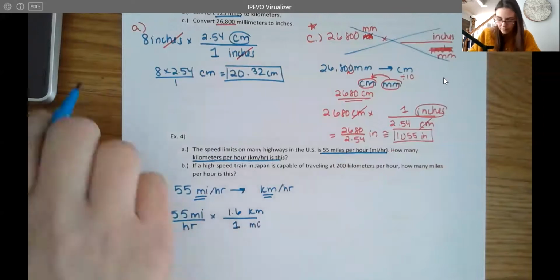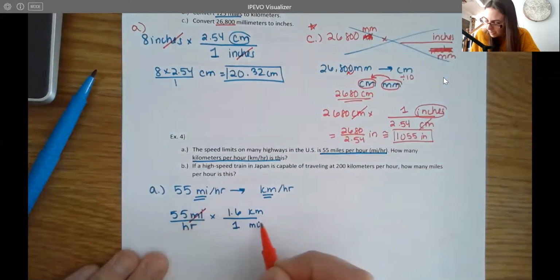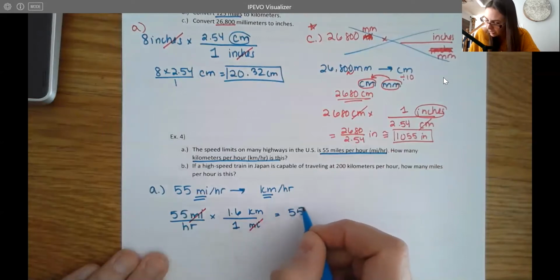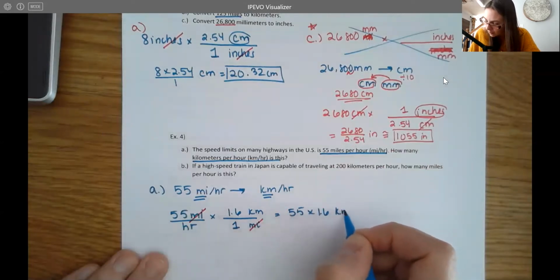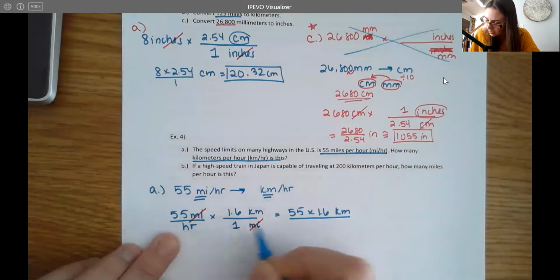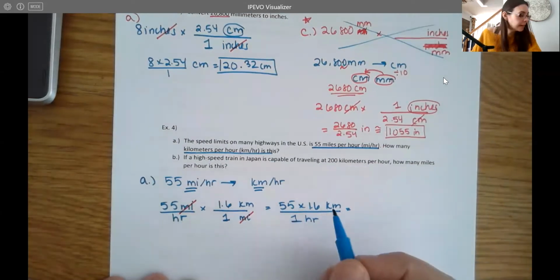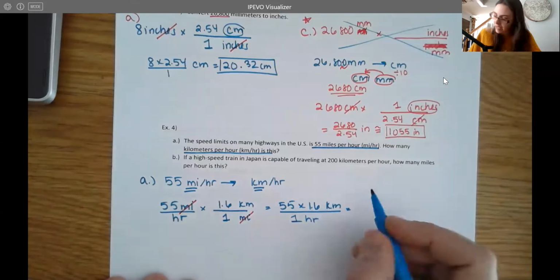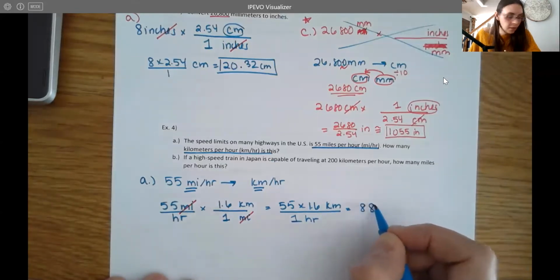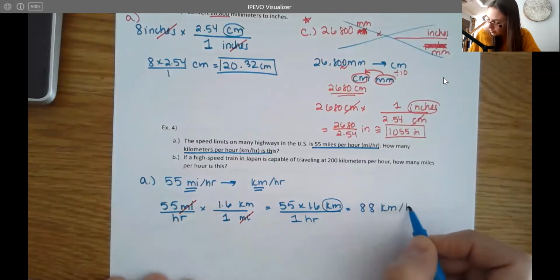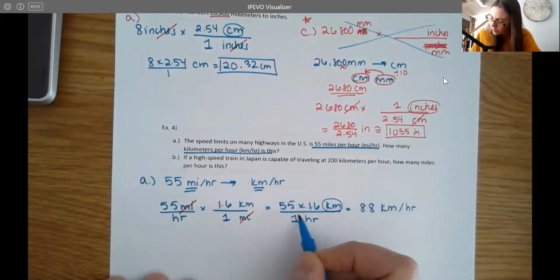So my miles will cancel out here. I have 55 times 1.6 kilometers left. And here I just have 1 hour. So 55 times 1.6 is going to be 88 kilometers per hour. So 88 divided by 1 is still 88.